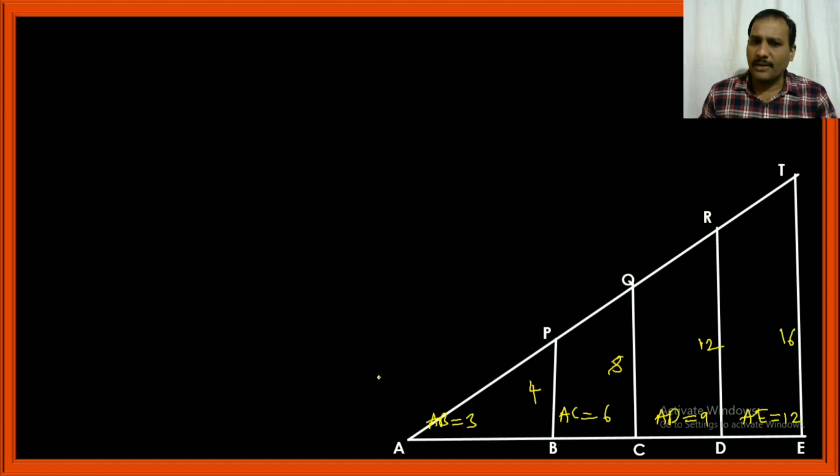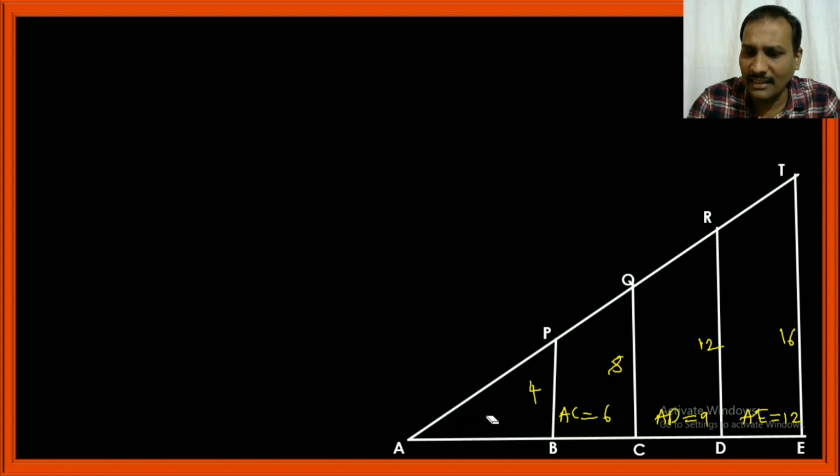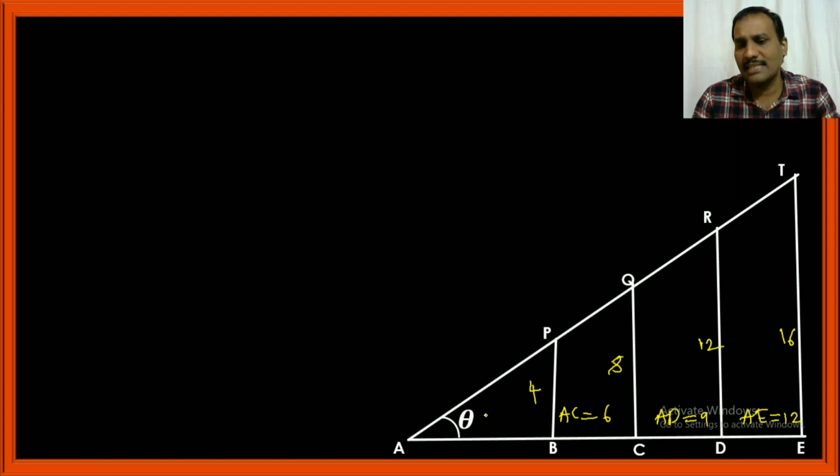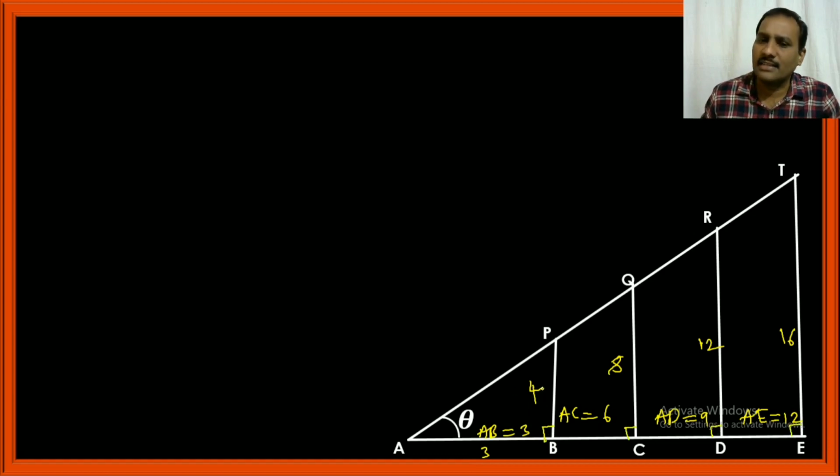Now by using Pythagoras theorem. Now if you observe, an angle is formed here. What is that angle? Let us assume it as theta. So here AB is equal to 3 centimeters, this is 4 centimeters, and clearly these are 90 degrees. Now there are 4 right angled triangles in this.